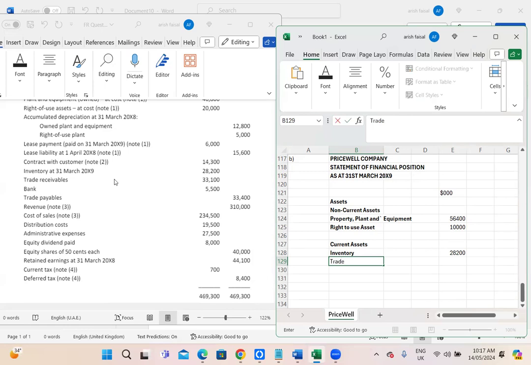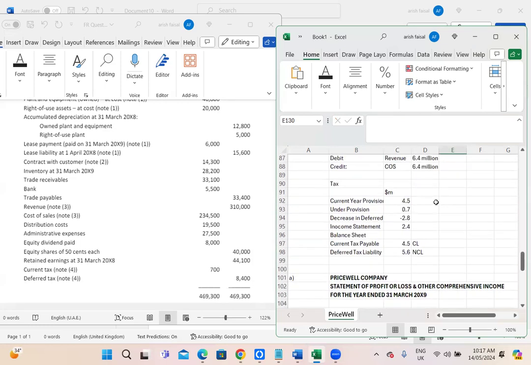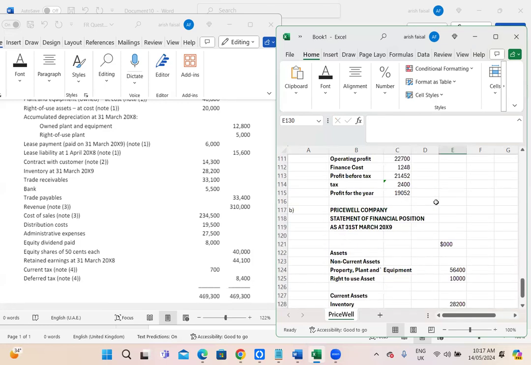So first we'll write down your receivables, which is basically 33,100. Then we have your contract asset, which was, we have to go back, 16.3 million.